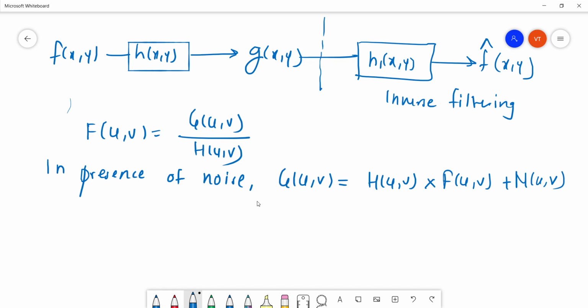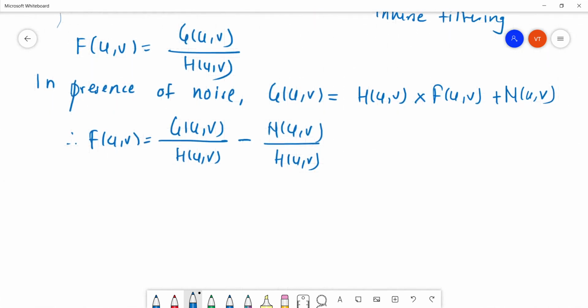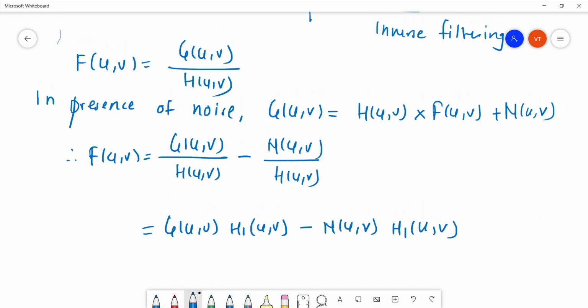Capital N of u,v is the Fourier transform of the noise. So we can write F of u,v equal to G of u,v upon H of u,v minus N of u,v upon H of u,v, which can be written as G of u,v into H1 of u,v minus N of u,v into H1 of u,v.